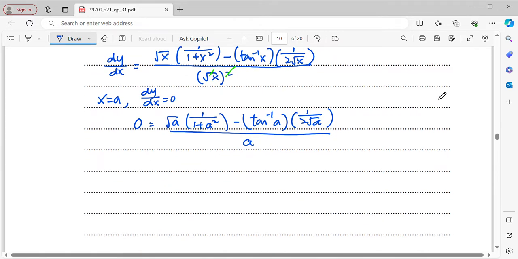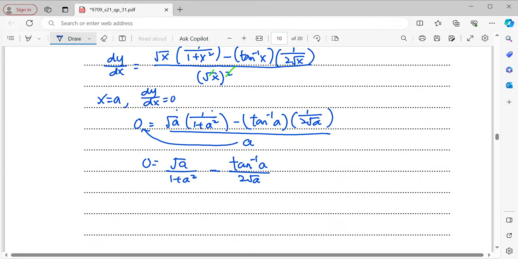So now what I need to do is, I will move up this a first. So when I move up, it is 0. Then this square root a and the first term I combine together. So square root a over 1 plus a squared, and then it minus inverse tangent a over 2 square root a.